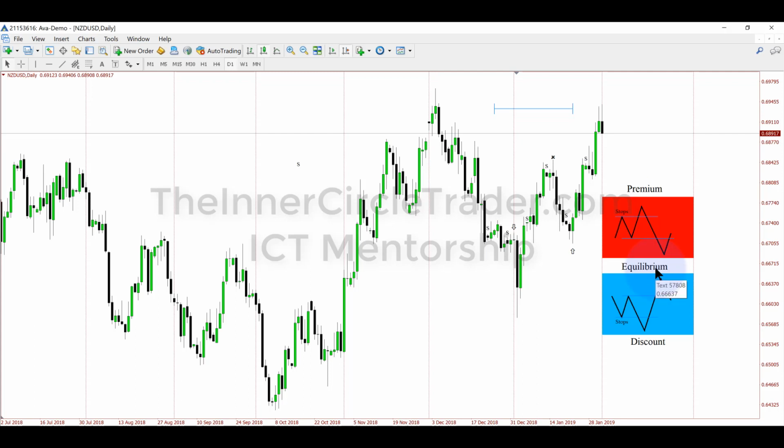Everything's reversed when we're below the equilibrium of the current dealing range. If we're in a discount, the ideal scenario for buying is we want to see a low that's violated. Okay, once they run those sell-side liquidity, they engineer breakout traders that want to sell short on breakout and or sell-side liquidity on assumed long positions in here.